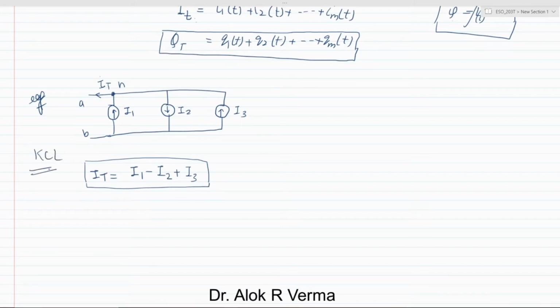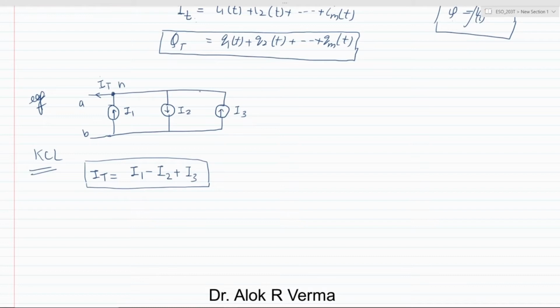So we have applied the KCL by writing this equation, where we have assumed that the algebraic sum of the currents is 0. Whatever current is entering the node is equal to the current leaving the node. At the node N, the currents entering are I1 and I3, and this is the same node, right?